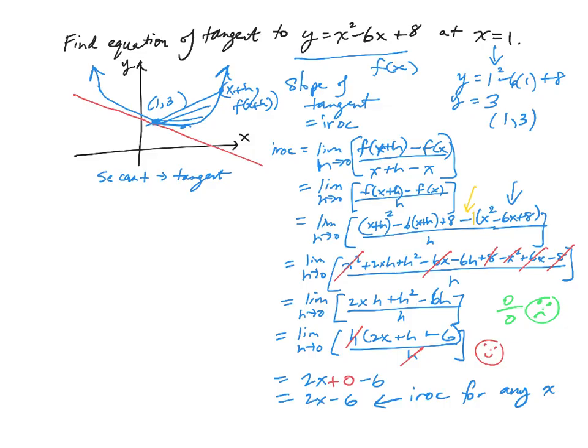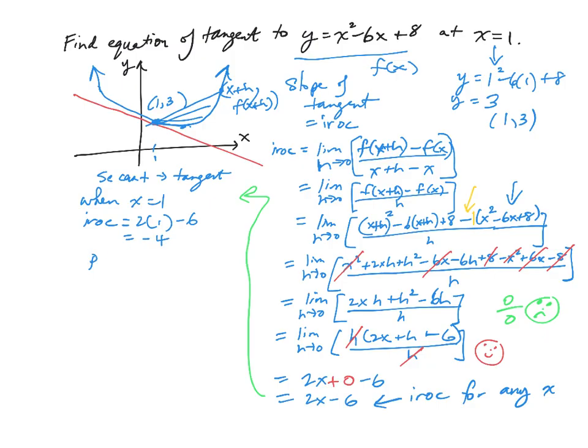So, traveling up here, we want to know what the slope of the tangent is when x equals 1. That's our point right here. So we just substitute 1 into the IROC expression, and you get 2 times 1 minus 6, which is negative 4.